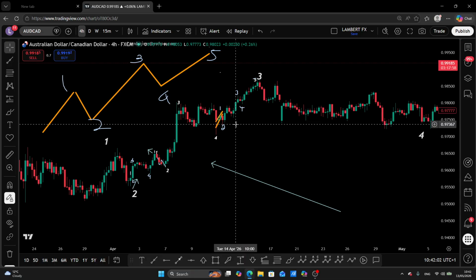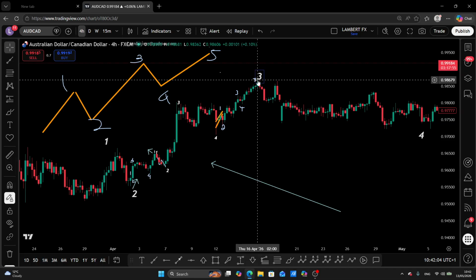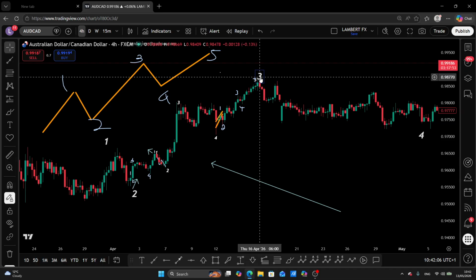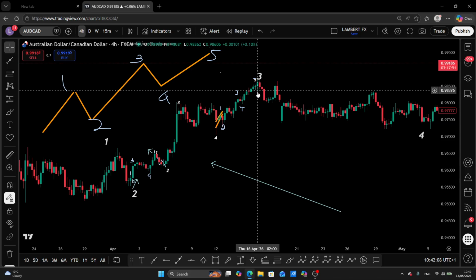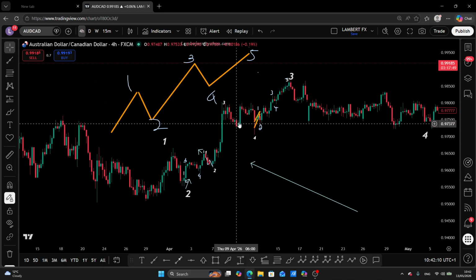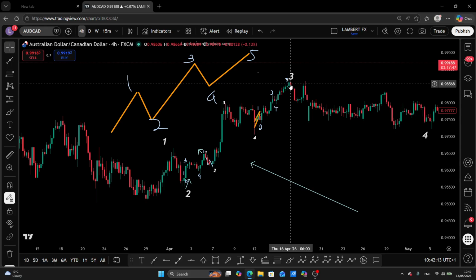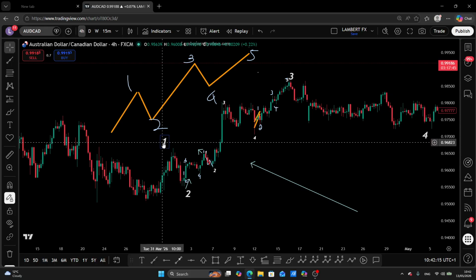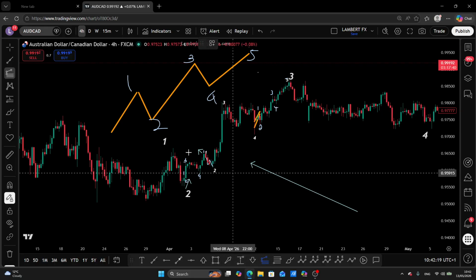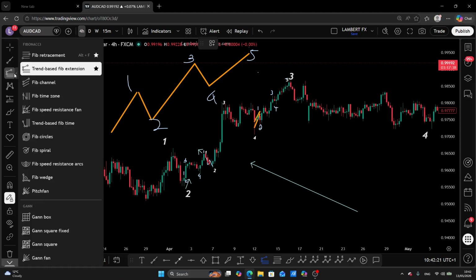All right, so now the trade is completed. The other way to find out where your trade could possibly finish is once you've identified your leg 1 and your leg 2, you take your fib extension, which you can find under Fibonacci. You take the one that is called trend-based fib extension.